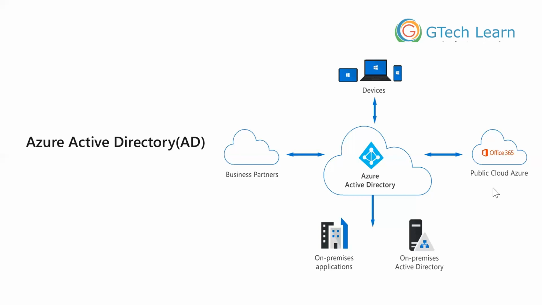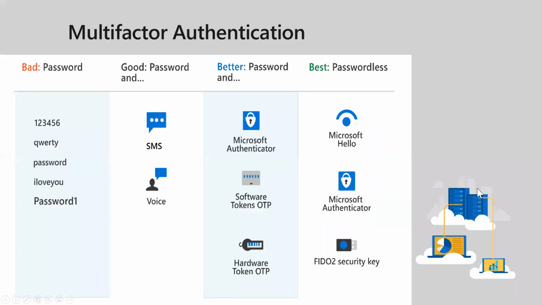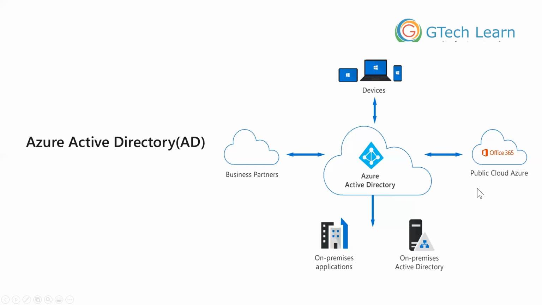After that, there are identity types in Azure. There are different types of identity: user, service principal, managed identities, and devices. So we will see, for example, user. The user is a representation of something that is managed by Azure AD.